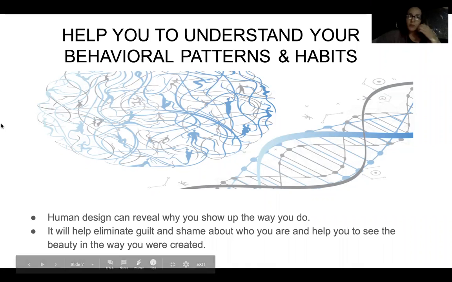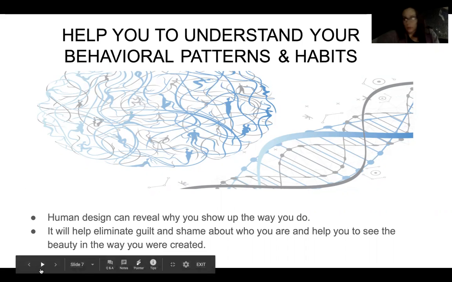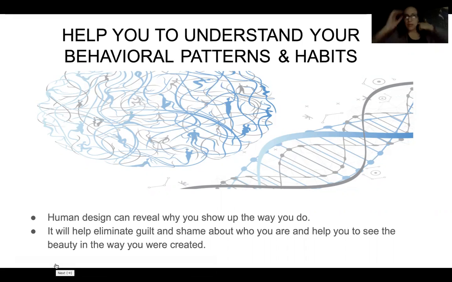This can help you to understand your behavioral patterns and habits. Human design can reveal why you show up the way that you do. It can help eliminate guilt and shame about who you are and help you to see the beauty in the way that you were created.